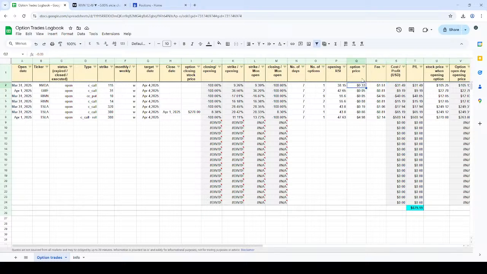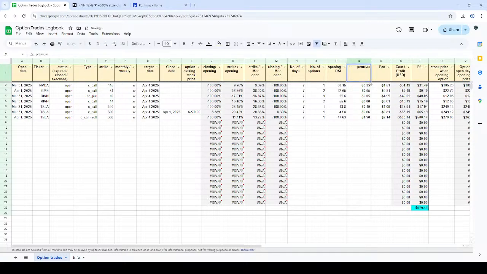Here I can change the name of the column to premium in US dollars, so that it is understandable, and it is per one stock. The reason why it's negative is because I'm selling options, so the price for me is actually negative.